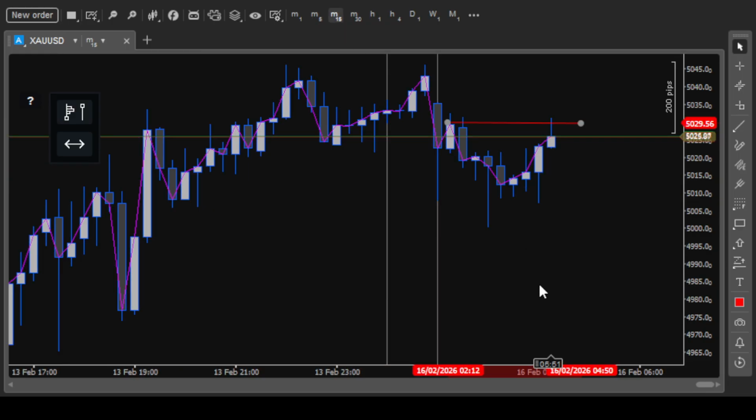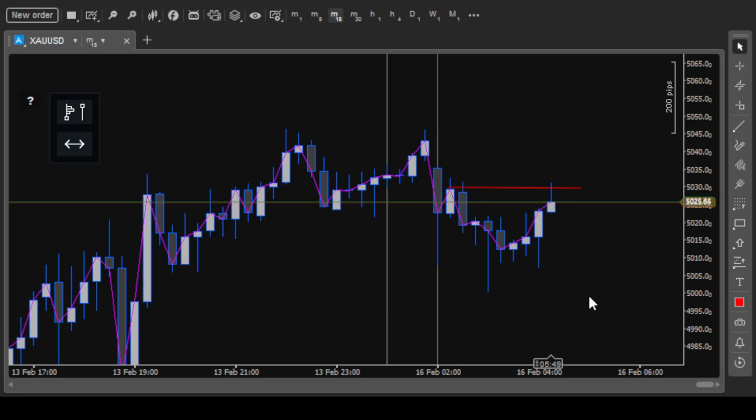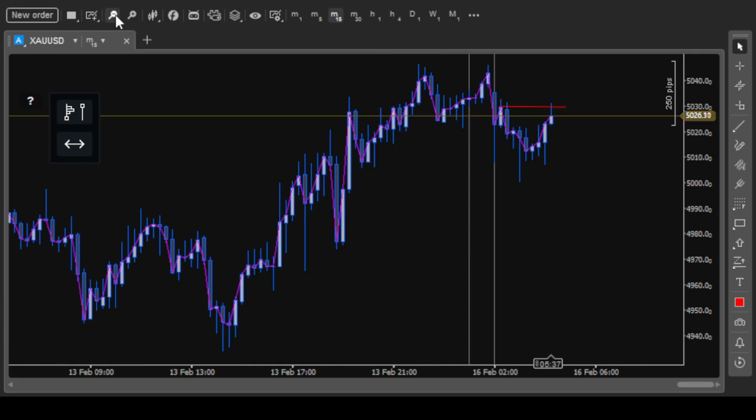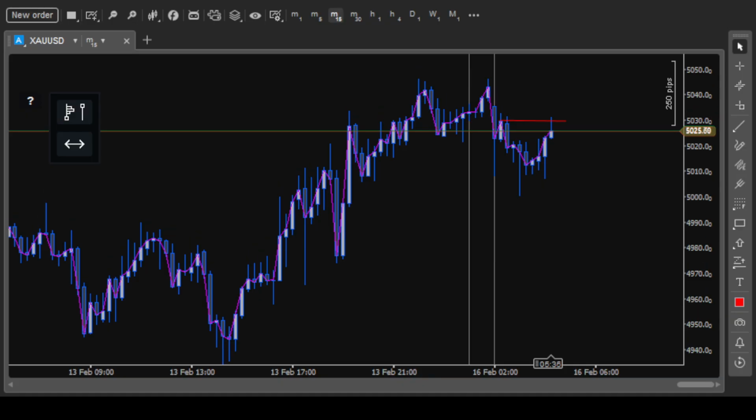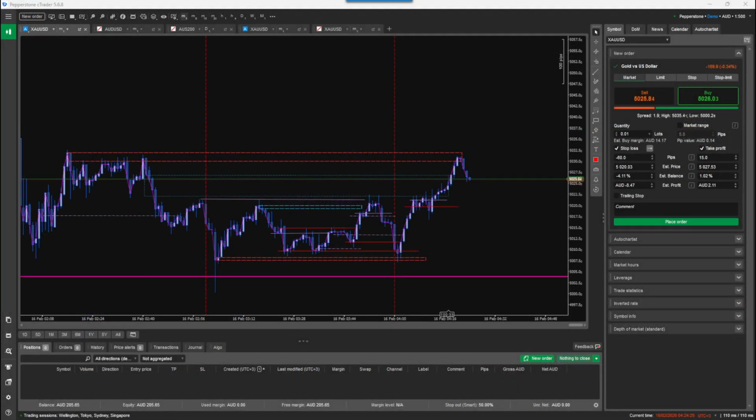We got a gap down over the weekend. Wholesale market had some fun, gapped down, started. Now we're going to see where we go from here. So we come back down into this box again.